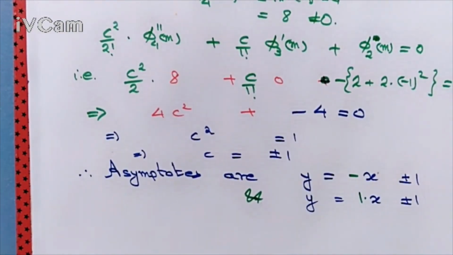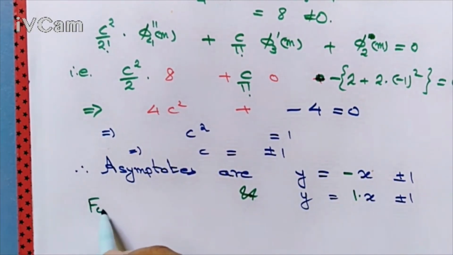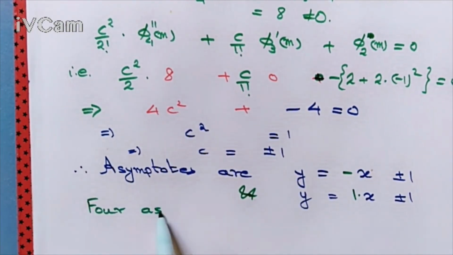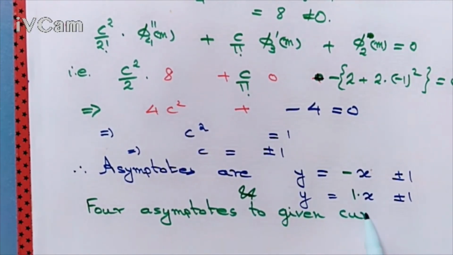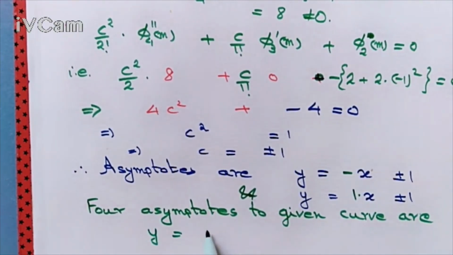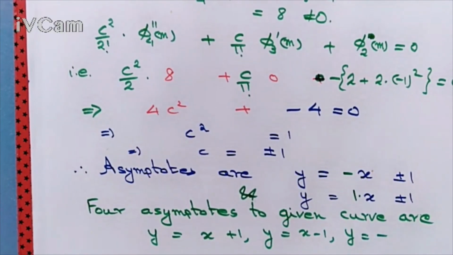Therefore, the curve is of degree 4, so it will have at most 4 asymptotes. The 4 asymptotes to the given curve are y equal to x plus 1, y equal to x minus 1, y equal to minus x plus 1, y equal to minus x minus 1.